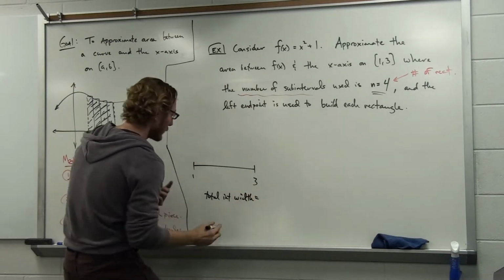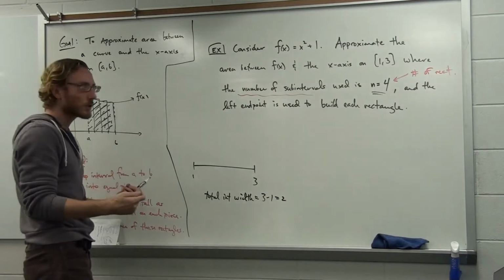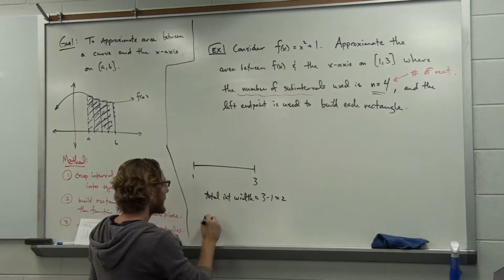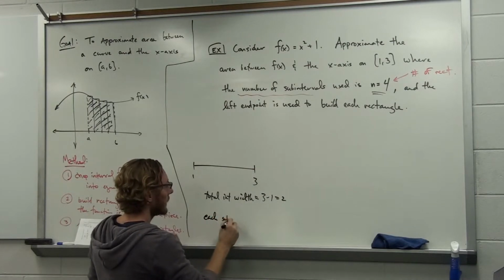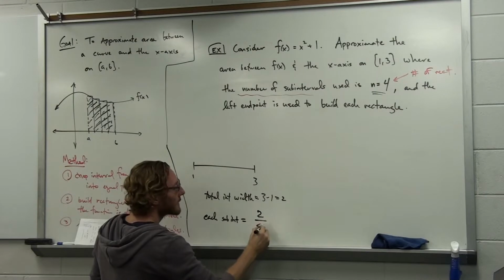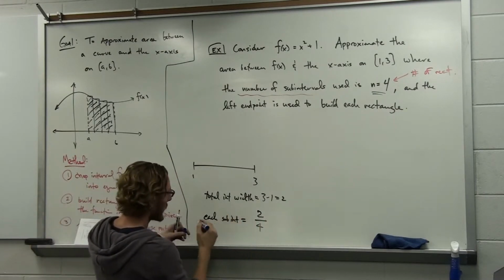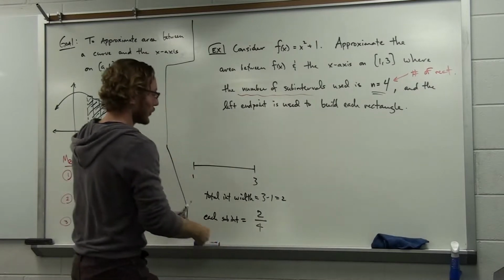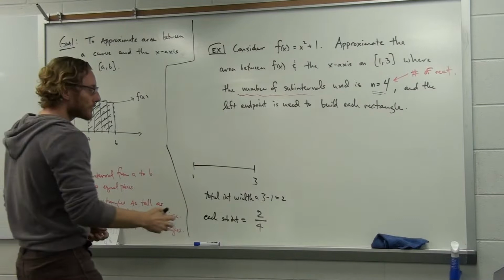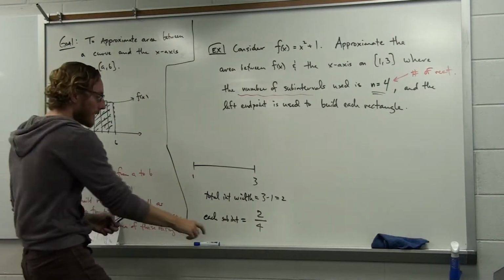The total interval width is just 3 minus 1, which is 2. If the whole thing is 2 units wide, and we need to chop it into 4 pieces, then each subinterval is going to be what? It's going to be the total width divided by the number of pieces. You have a total of 2 units of length, and you want that divided into 4 pieces. So you take the total width of the interval divided by the number of pieces.